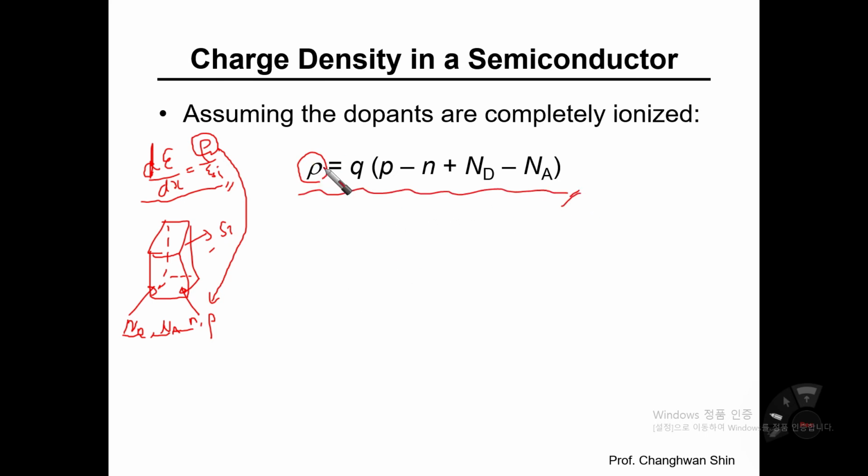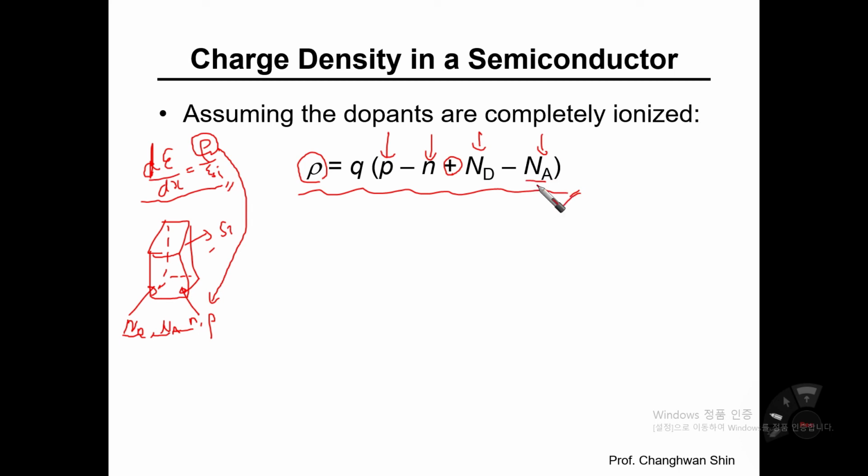The charge density in silicon material can be written with four components: hole concentration, electron concentration, donor concentration, and acceptor concentration. Since donors are donating their fifth electron to the silicon material, they are going to be positively ionized. So plus. What about the acceptor?